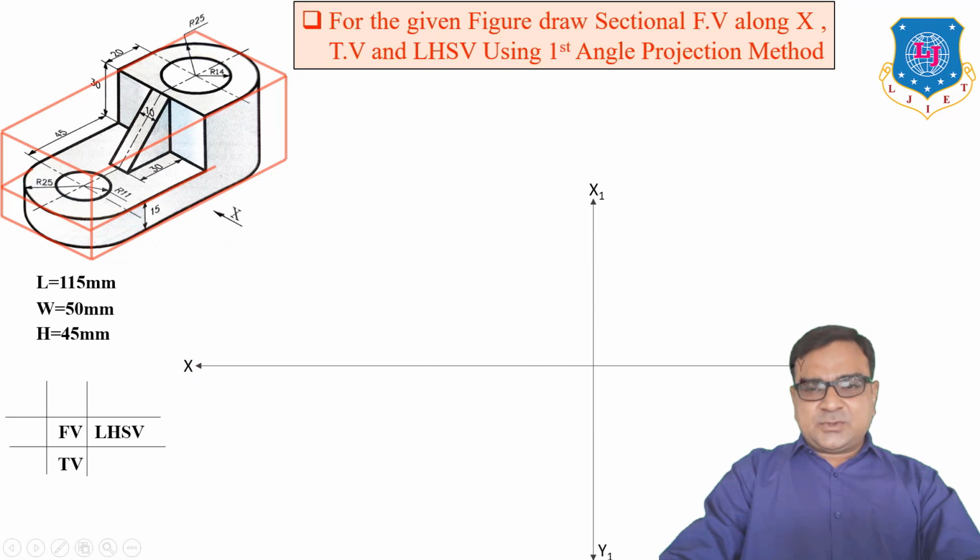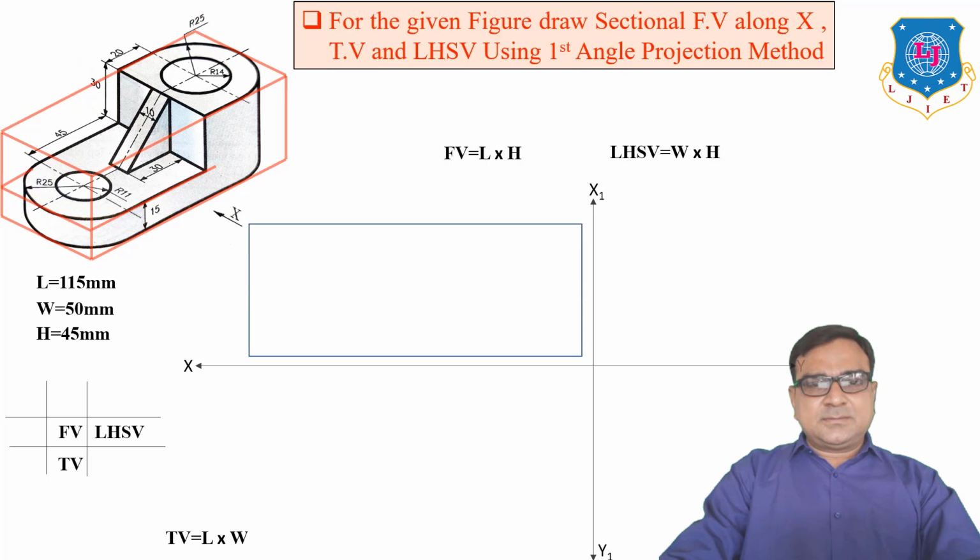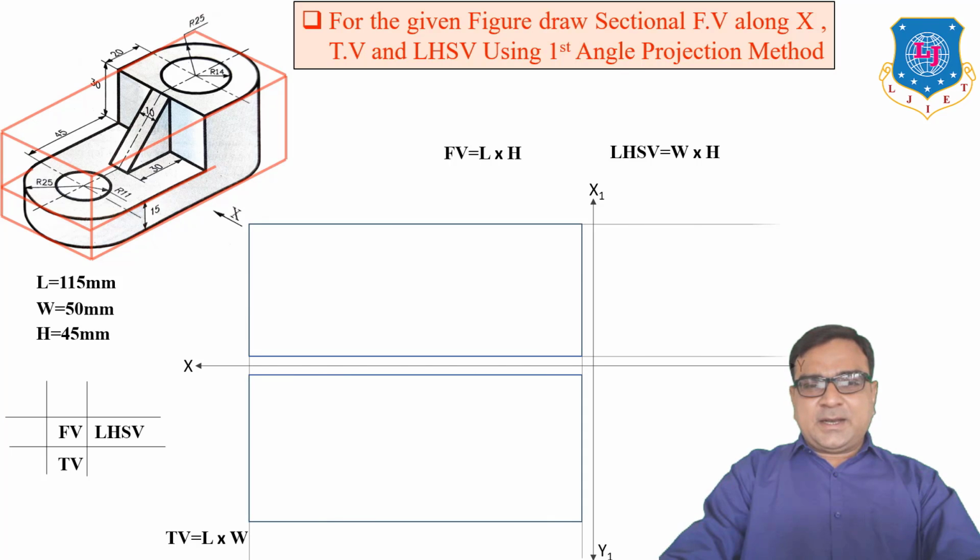So first of all draw one XY line and a perpendicular X1 Y1. The front view represents length and height, top view represents length and width, and side view represents width and height of the object. Draw three rectangles using length, width and height and by using 45 degree lines.